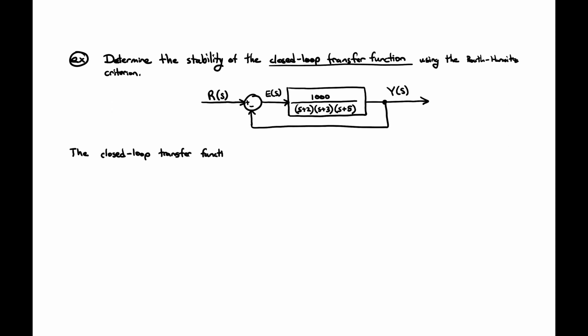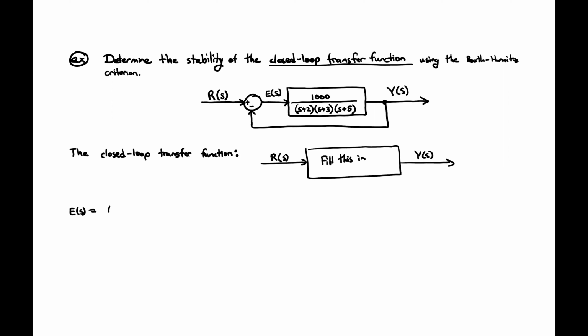Our closed loop transfer function is if we were to rewrite this where it's just one giant block from R to Y, right? And we need to figure out what that would be. So how do we do that? Well, let's look at what our equation is for E based off of the first block diagram. E is just going to be R minus Y. And then Y is going to be equal to that big transfer function in the middle there times E, right?